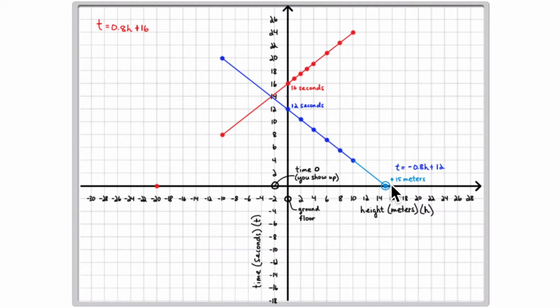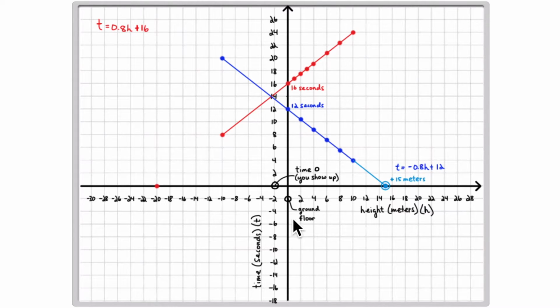So what's happening to the elevator as you go backwards in time 12 seconds? Well, that elevator used to be at ground level. So it used to be right here. This is ground level, negative 12 seconds. And it takes that 12 seconds. So now you're going to go backwards. This is a negative 12 seconds. And now you're going to go forwards to get to 15 meters at time 0.